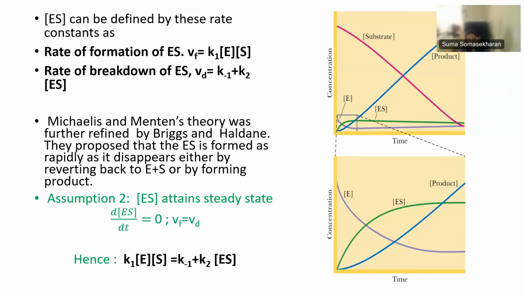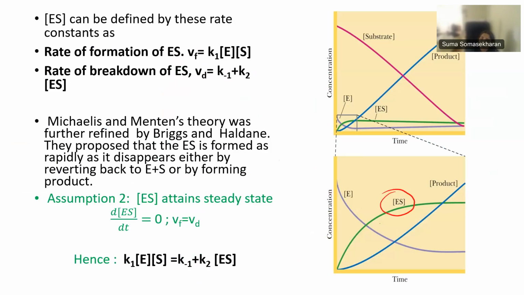Now, this theory proposed by Michaelis and Menten was further refined by Briggs and Haldane, who proposed that if you take a closer look at the early stages of an enzyme catalyzed reaction, the rate of formation of the enzyme substrate complex becomes equal to the rate of breakdown, and the concentration of that ES complex does not change over time.